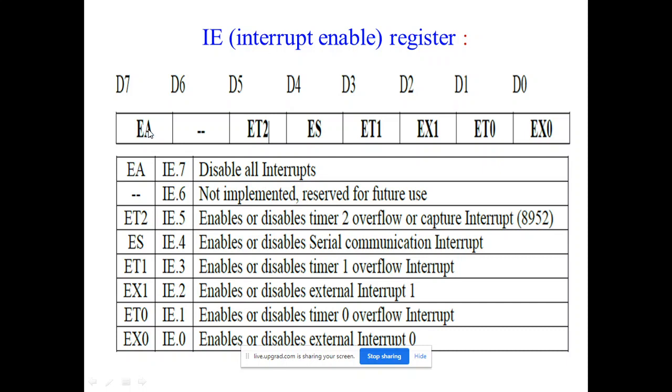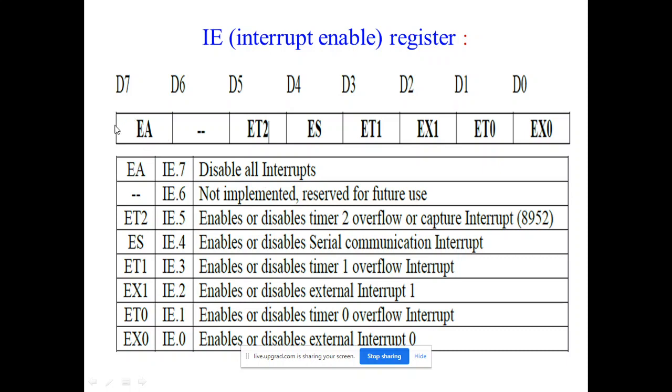Disable all. Suppose this bit is 0. Even if an interrupt arises from one of the sources, it will not proceed to the controller. When this is 1, that is enable all, only then do interrupts proceed to the controller. All of you agree for this? Overall enabling and overall disabling: 1 means enable and 0 means disable.